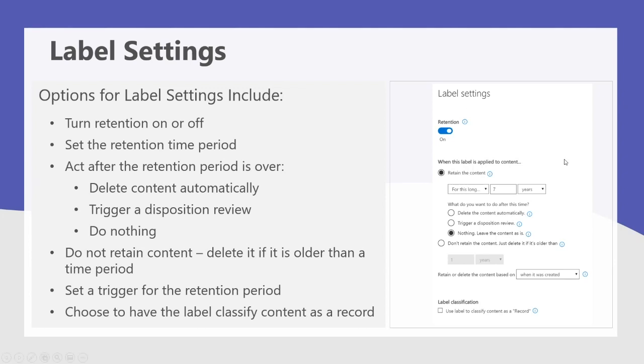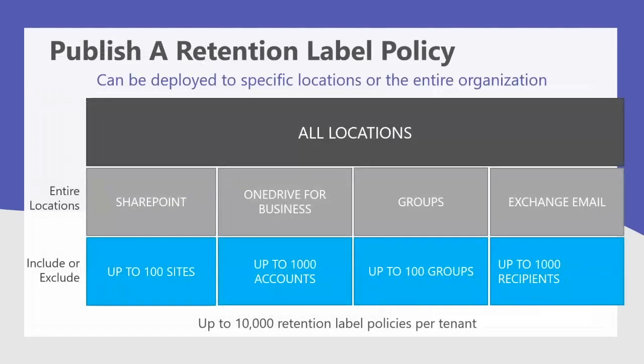So there's just more options that are available with labels. And then it has a fewer number of locations when you're using labels, namely SharePoint and OneDrive and groups and emails. So for example, if you're managing files in a team, you might use a retention label on a SharePoint site to manage those files.